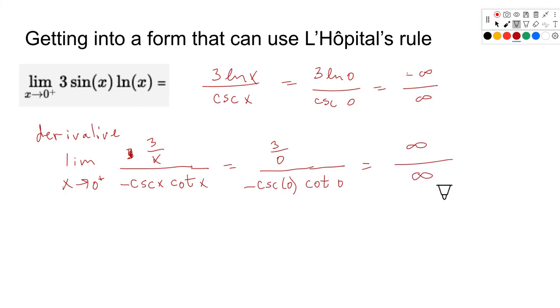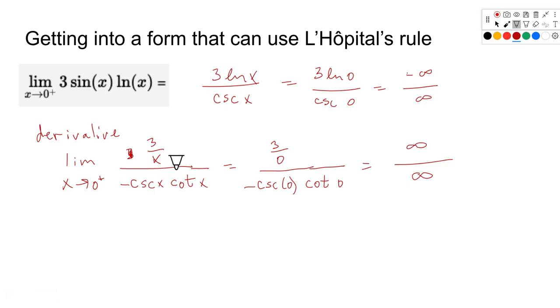So we're stuck at infinity over infinity. Not saved by the bell yet. So, what do we need to do? Do it again.